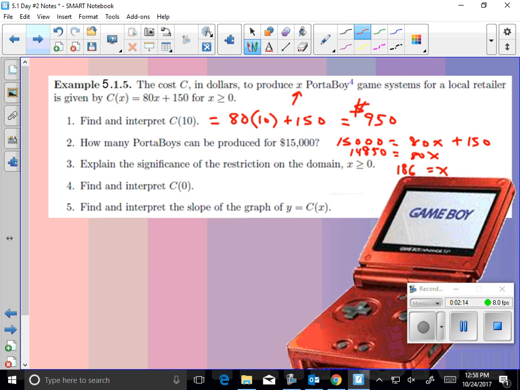You would round down because you can't make a partial Portaboy. Yeah, but I have to make 15,000, so I'd have to round up to hit 15,000, right? If I went down to 185, I can't spend half the money on a Portaboy, but I can't make 185.6 Portaboys either. Make 185, well, then I don't make 15,000. That doesn't cost me 15,000 bucks, it only costs me 14,000 whatever. You see where I'm at?